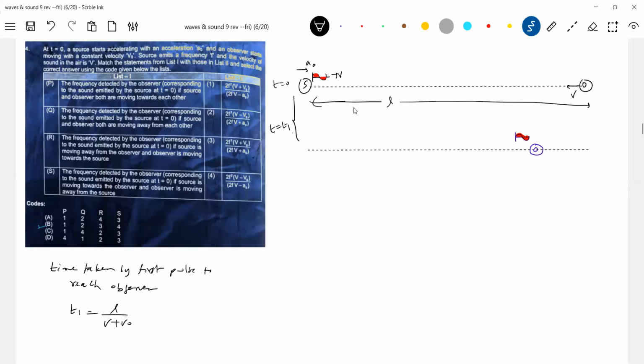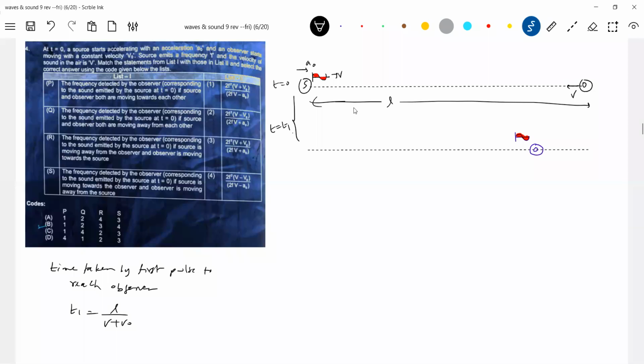So when will the second pulse be generated? After a certain time. After a certain time, the second pulse will be generated, and the second pulse again will take some time to propagate. So altogether, what is T2?